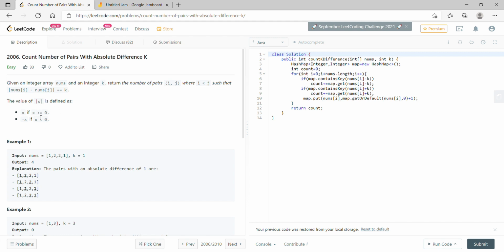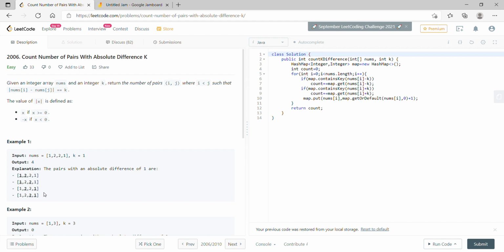The outer loop will iterate through all the elements, and the inner loop can compare the current element with the rest of the elements, like you do in a selection sort. In this way you can compare every element to every element and see whether its absolute difference is k or not. But we will not be doing that, since it will take a time complexity of O of n square. So we need to have a better approach.